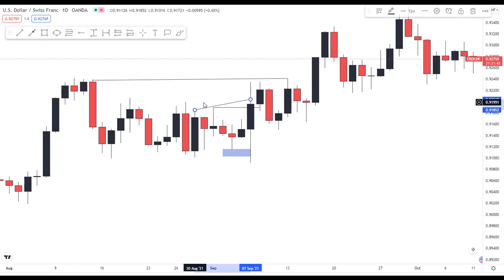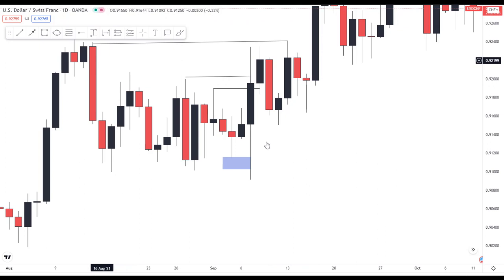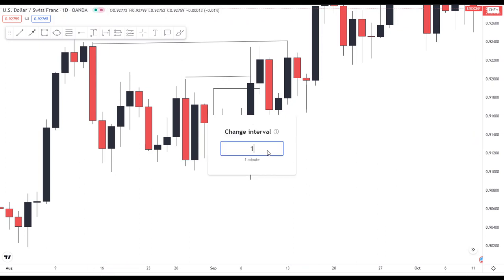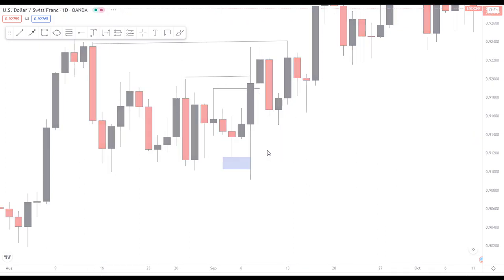I'm sorry about this. I always have problems with this, with TradingView this way. And all right, I'm just going to try to make sure this is straight. All right. Now, so we've got T1, T2, and T3. Now we're going to go back to the hourly chart and look for that entry.